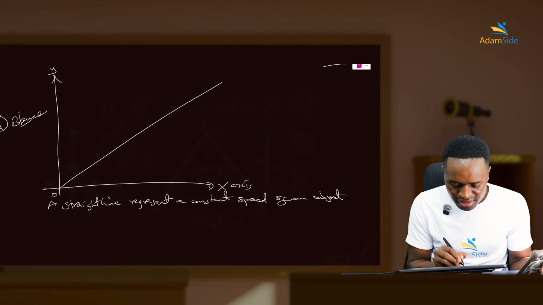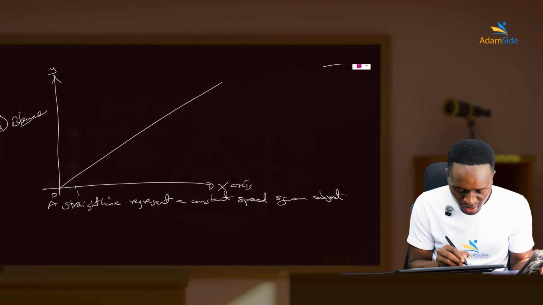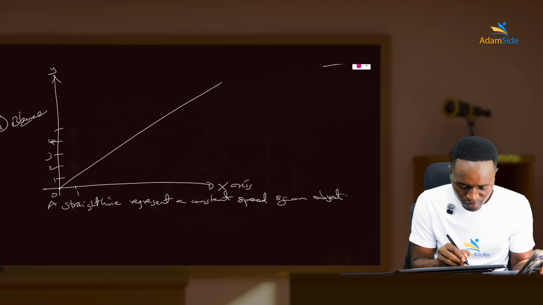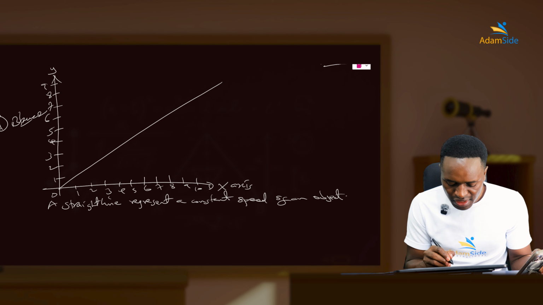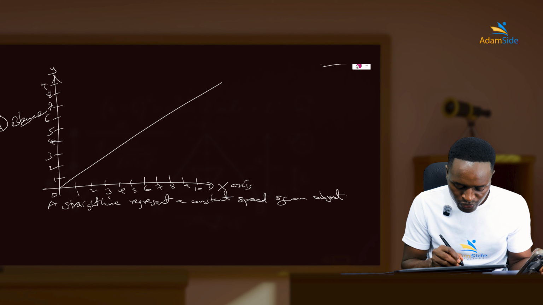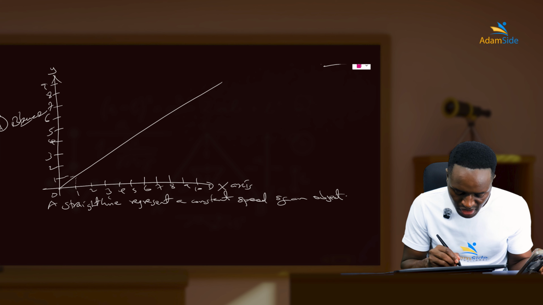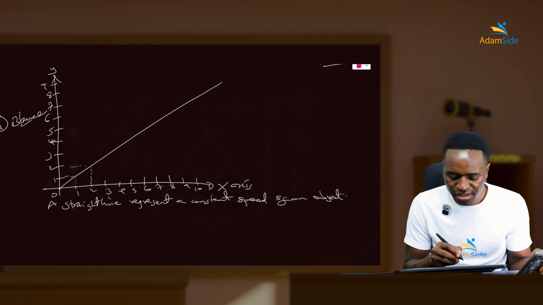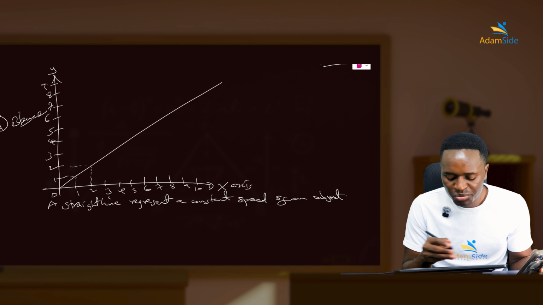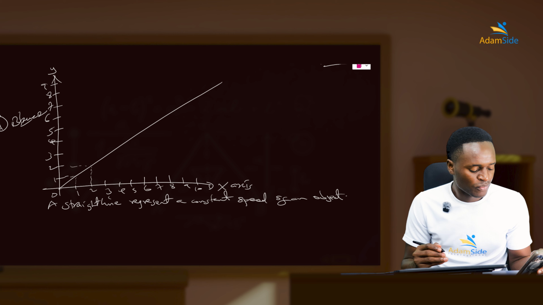Let's say this time is in hours and distance in kilometers. After 1 hour, the car covered 1 kilometer. After 2 hours, the car covered 2 kilometers. So if you're finding the rate of change throughout the line, you'll find that it has a constant gradient, which represents a constant speed.